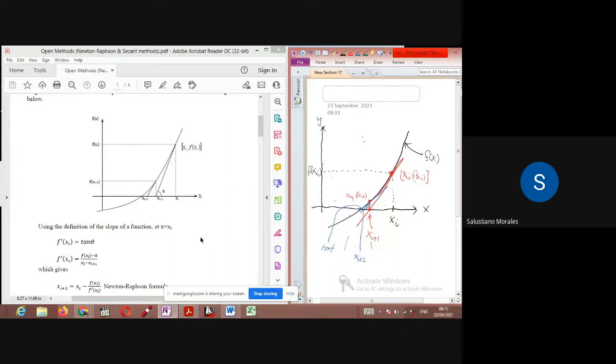So we know that slope is the value of the first derivative of the function, that is f prime xi. Okay, so the value of the first derivative at that value of x is also equal to tangent theta.